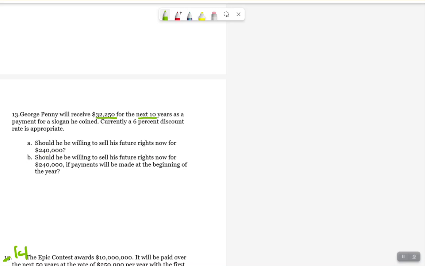This question is similar to the one we did for 12, but one you have to put in a begin mode, and one you have to put in the end mode. The last question was a begin mode. Now in this question, our A part is in an end mode, so make sure your calculator is in an end mode. So what is my payment? My payment is 32,250.